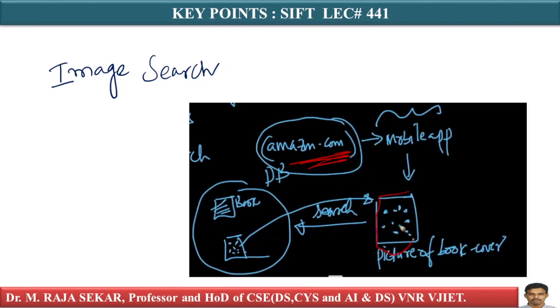Because in the backend database for Amazon, you have an image of every book cover. So what they do is, from the photograph that you took from your smartphone, they detect all the key points and then ask the question, where are these key points in my whole repository of books, isn't it?